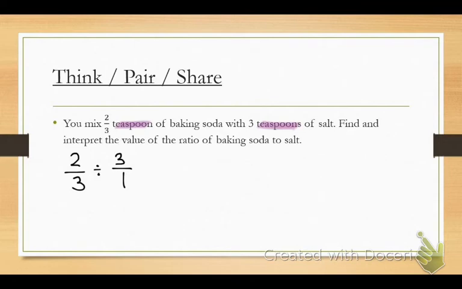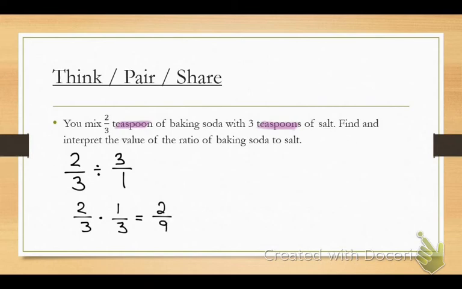Now, I got a rule here, right, Lydia? What do I need to do to calculate this? Very good. So 2/3 times 1/3, which is going to be what? It's going to be 2/9.